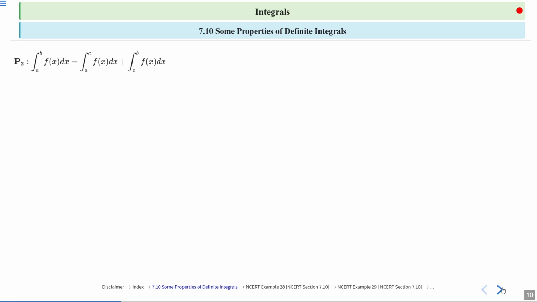Now P2, property number 2. The value of the definite integral from a to b of f(x) dx is equal to the definite integral from a to c of f(x) dx plus the definite integral from c to b of f(x) dx. So this property implies that we can split the interval.